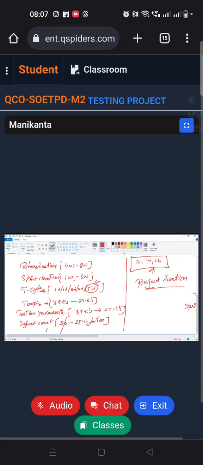We don't have any formula for test cases per day. It's an estimation. That's it. Komal, estimation.